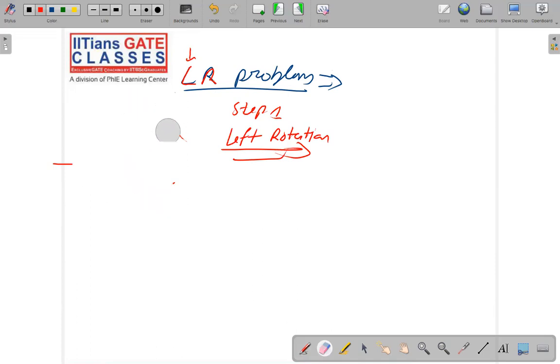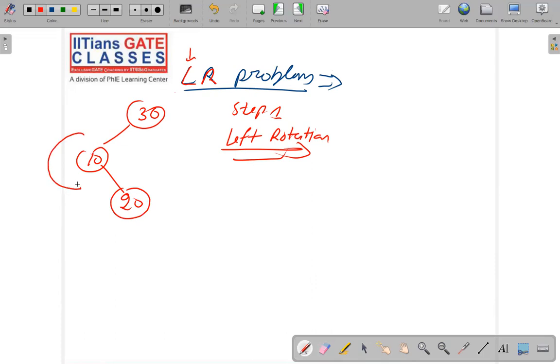In LR, we will do left rotation first, then right rotation. So our nodes are something like 30, 10, and 20. We are doing left rotation here. After left rotation, it will look like this: 30, 20, and 10.